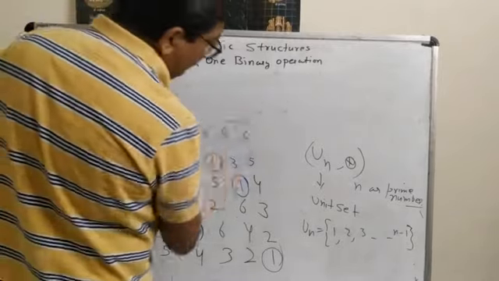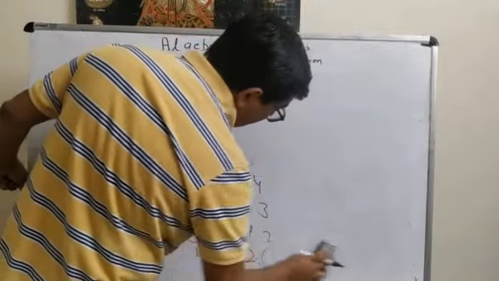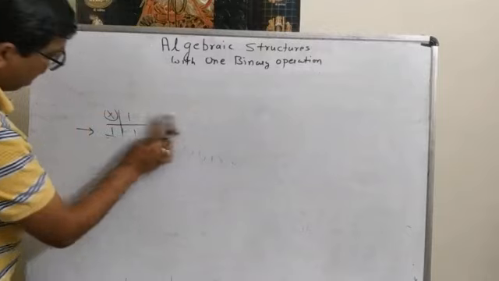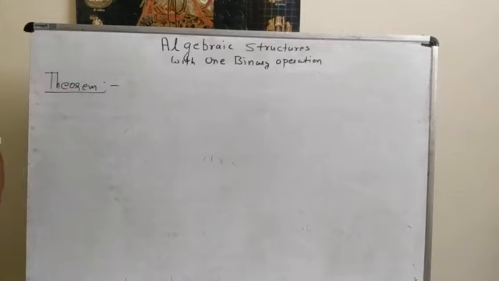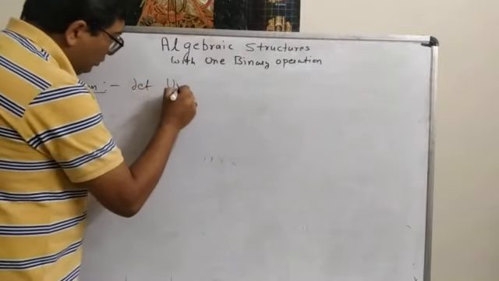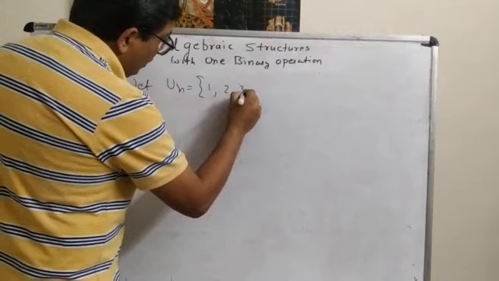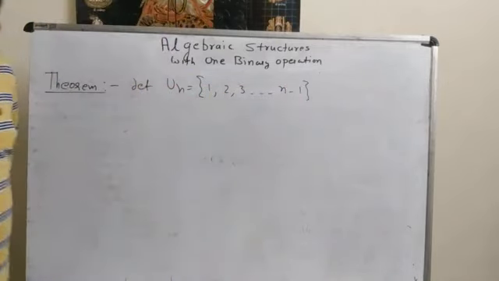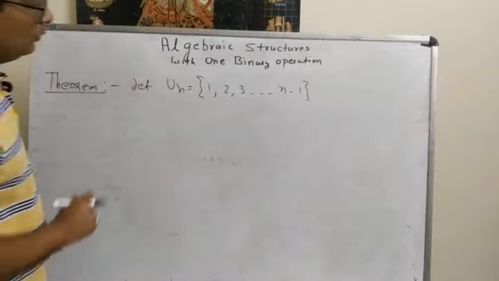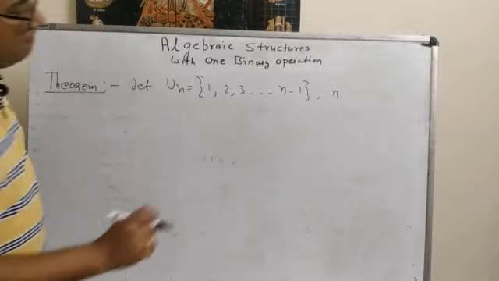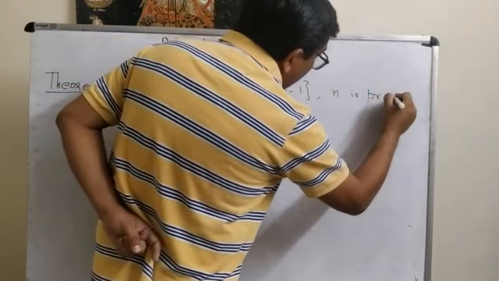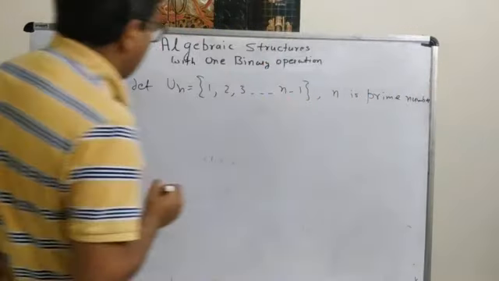That theorem is: let Un equal 1, 2, 3, up to n minus 1, and this n is a prime number.